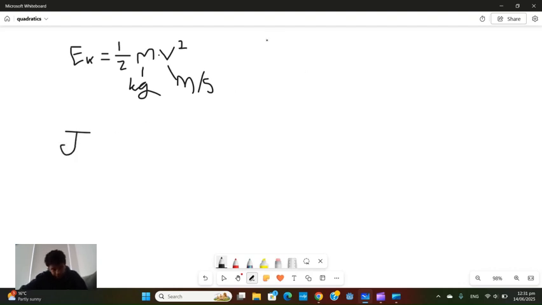There is also gravitational potential energy, GPE, which is equal to mass times gravitational field strength times height change. So delta height if you're feeling fancy.